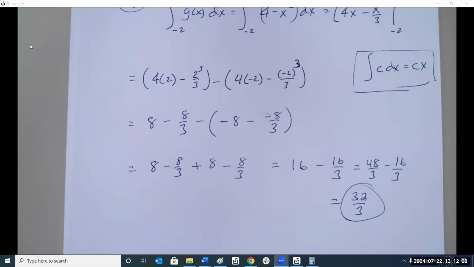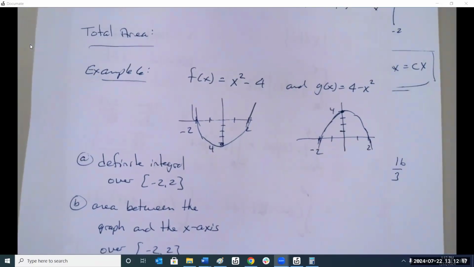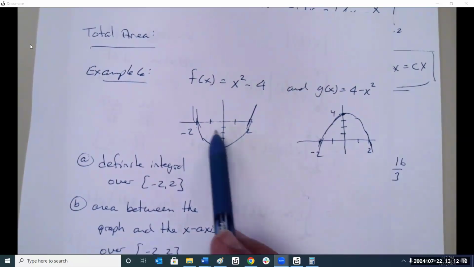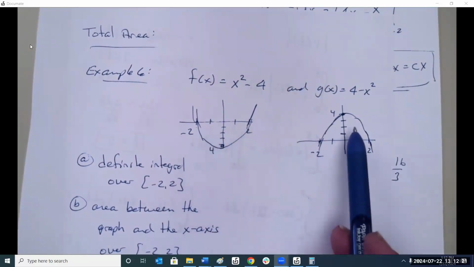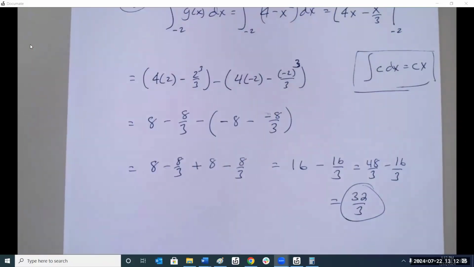So what do you notice about those two answers? Which one's which? This one's negative because it's below the x-axis. This one's positive because it's above the x-axis. We're good.